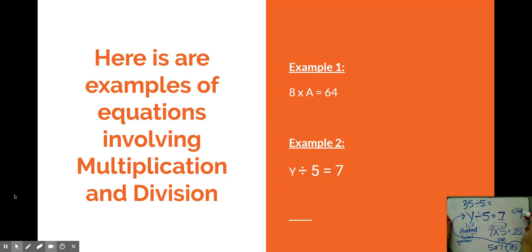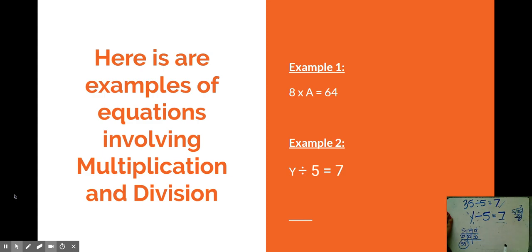You should be able to either do it and say, oh yeah, it's 7, and you get no remainder, or you could do your tic-tac-toes. And your tic-tac-toes would literally be counting by 5s until you get to 35. And here we go. 1, 2, 3, 4, 5, 6, 7.